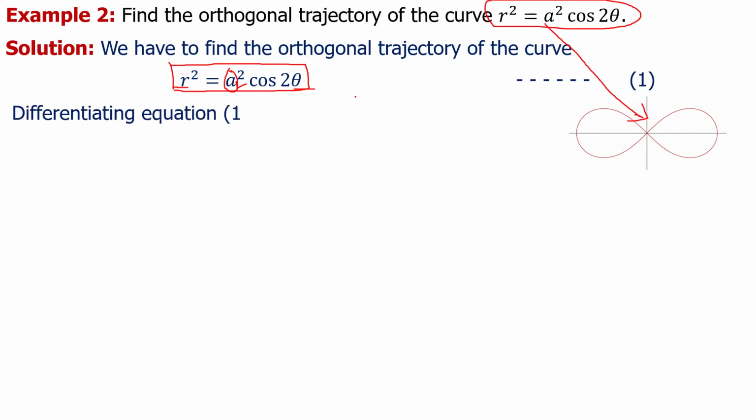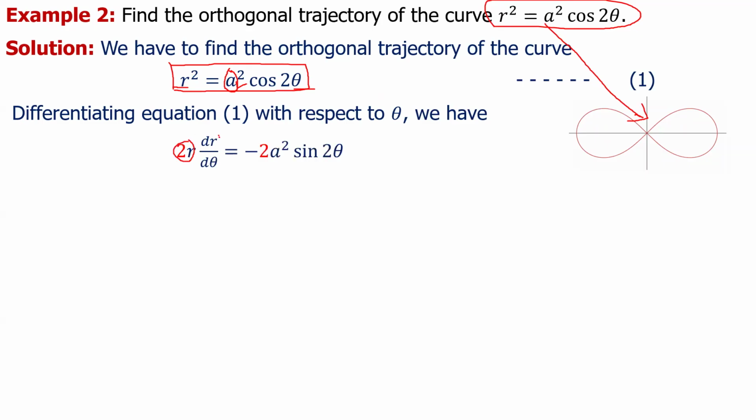So differentiating equation 1 with respect to theta, the derivative of r square is 2r times dr d theta, which is equal to, a square is constant, so we can take a square common outside. The derivative of cos 2 theta is minus sine 2 theta, and again the derivative of 2 theta is 2.